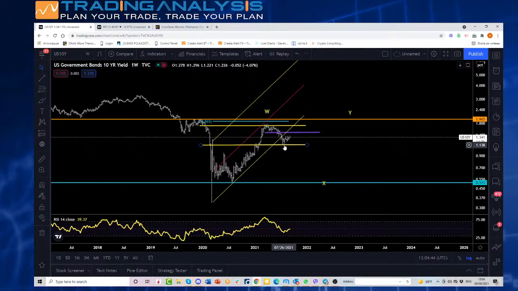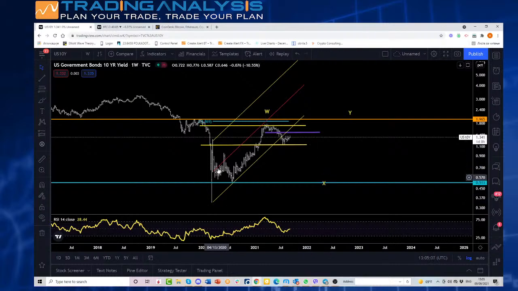One of the things we will probably look for is a break of either of these levels, on the upside or on the downside. In the case of a break of these 113 levels, we will start to observe this as a five-wave move, which after a small pullback will result in a further move lower.